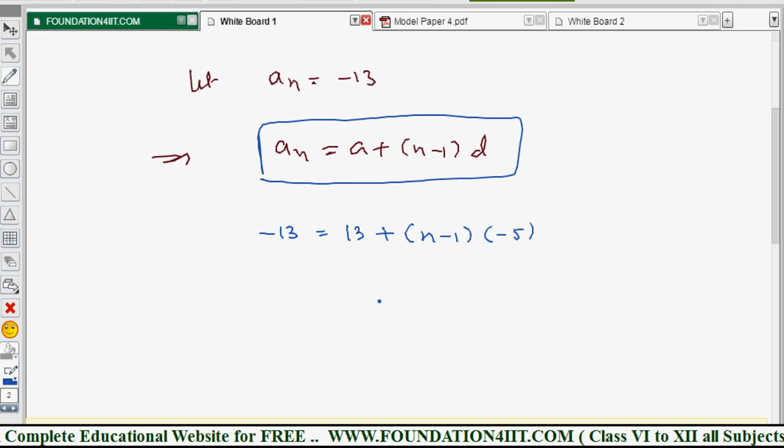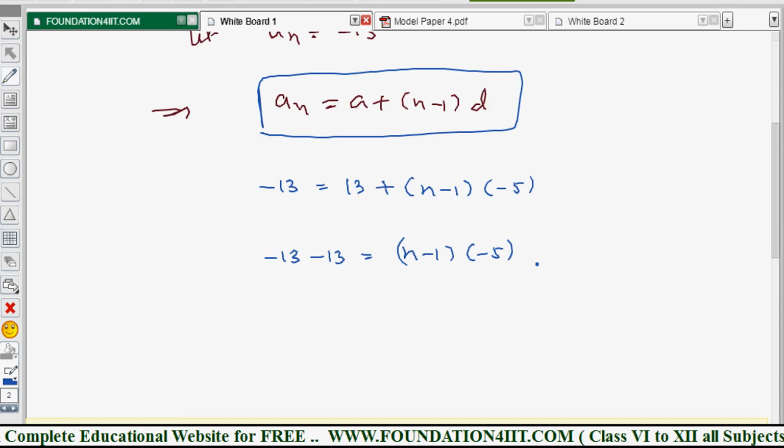Take these values to one side: 13 to this side, minus 13 is equal to N minus 1 into minus 5.